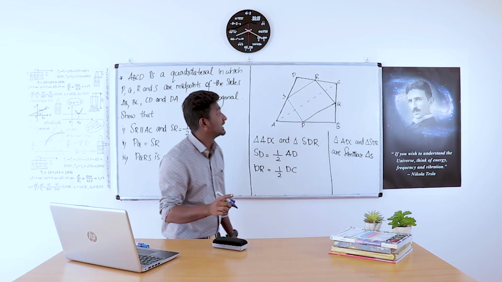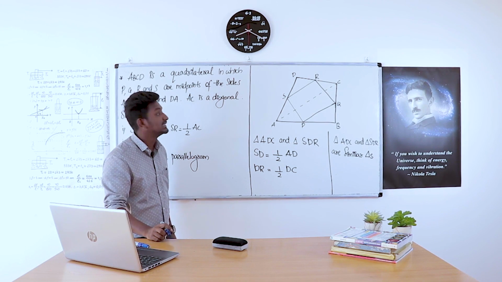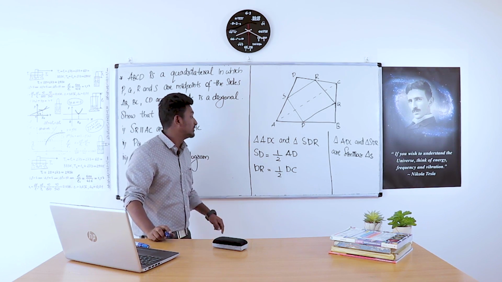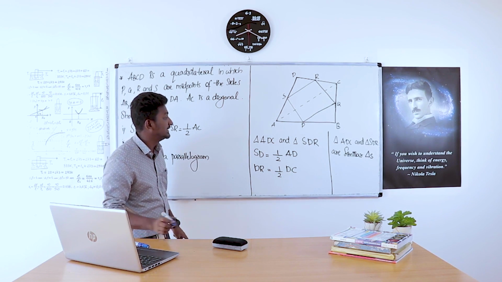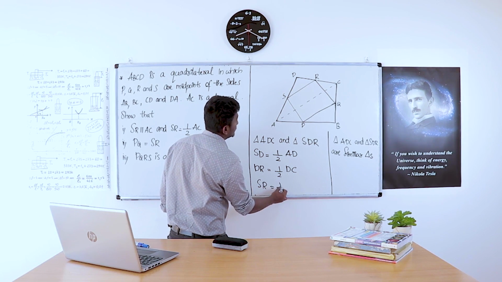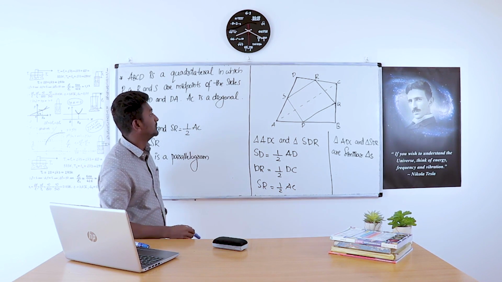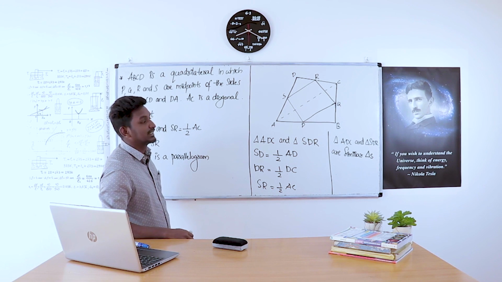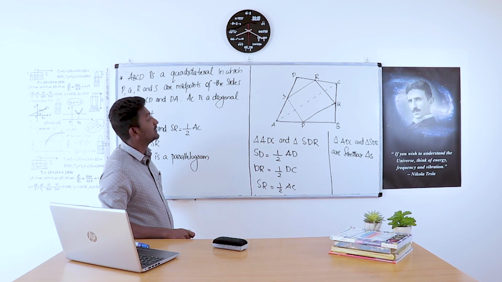For similar triangles, the ratio of sides must be equal. That is, SD is equal to half AD, DR is equal to half DC. That means the first side of the smaller triangle, SD, is half of the first side of the larger triangle.